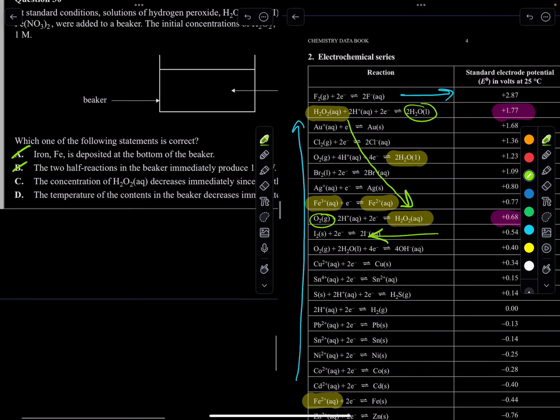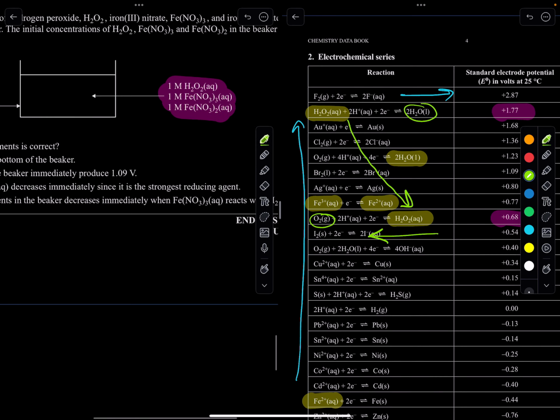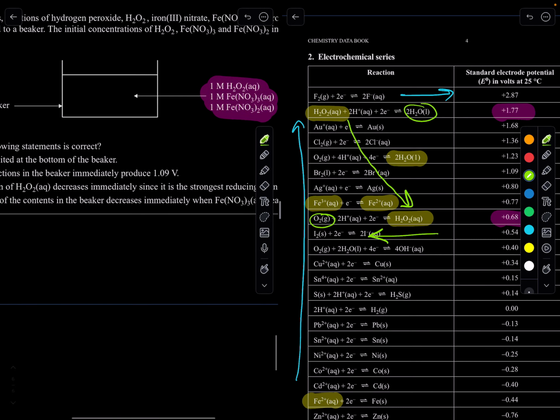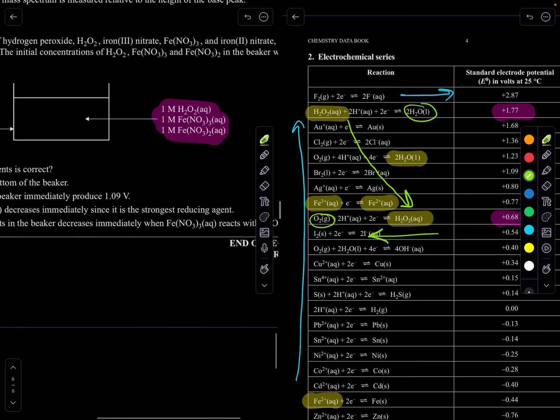The concentration of H2O2 decreases immediately since it is the strongest reducing agent. It is the strongest reducing agent, but it's also the strongest oxidizing agent. Remember, it's acting as both. You can see here and here. So let's think about it. We're saying it's a reducing agent which oxidizes.